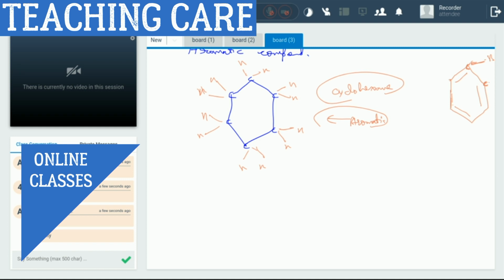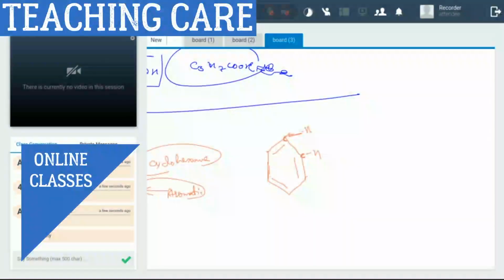And this carbon would also have three, and this also three. So every carbon has three bonds, and only one hydrogen will come on that side. That's why its formula is C6H6. Is there an alternate double bond, yes or no?